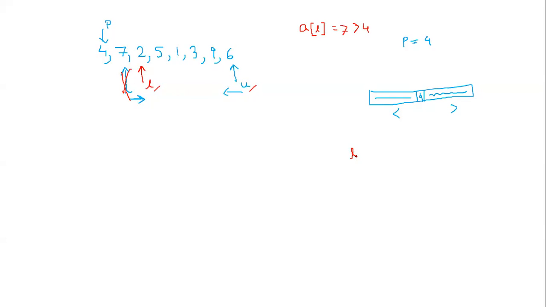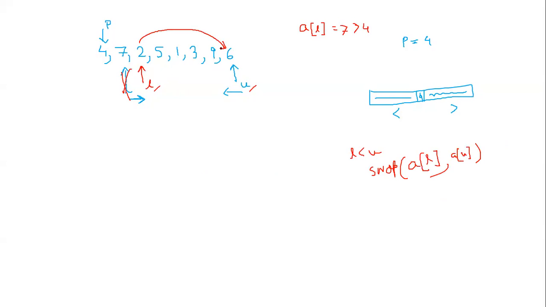If I find L is lesser than U, then what will I do? I will have a swap between A of L and A of U. So swap means what will happen?